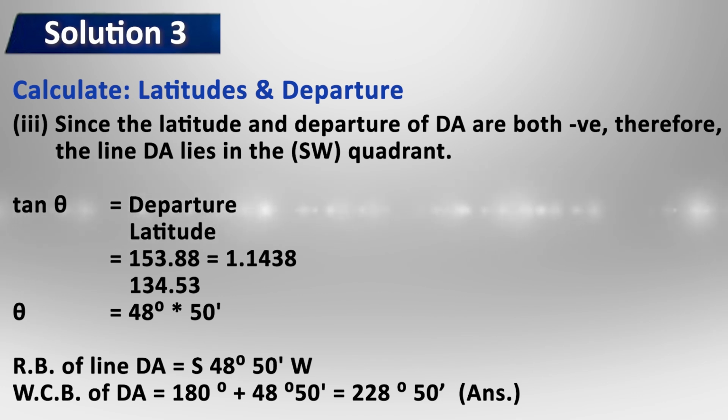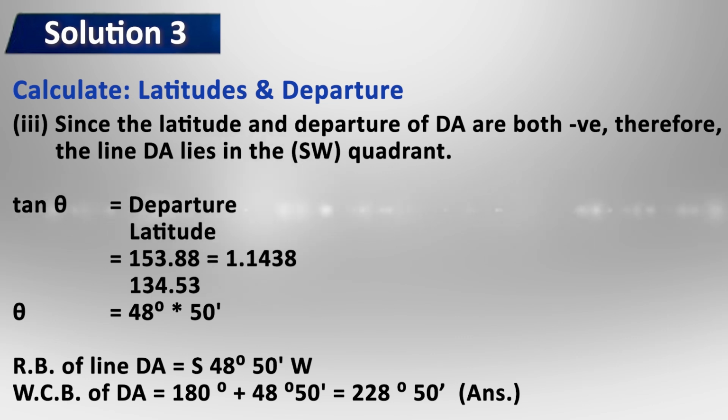Now the tan theta, which we know, is equal to departure divided by latitude. Departure value is 153.88 divided by 134.53, which is equal to 1.1438. So when we take the inverse of it, we get theta as 48 degree 50 minutes. This is the reduced bearing.